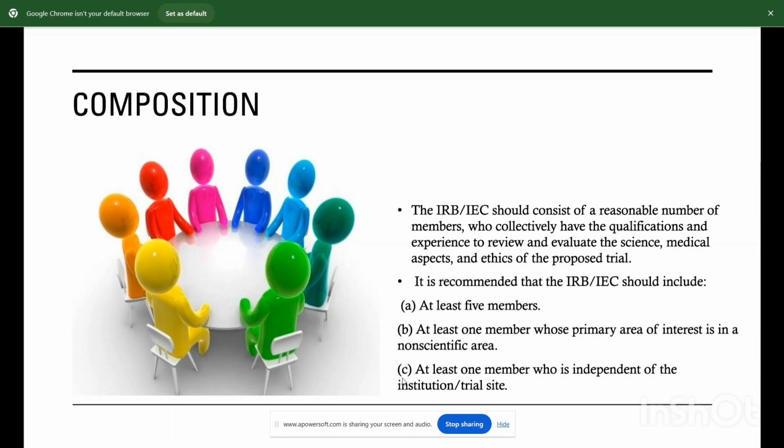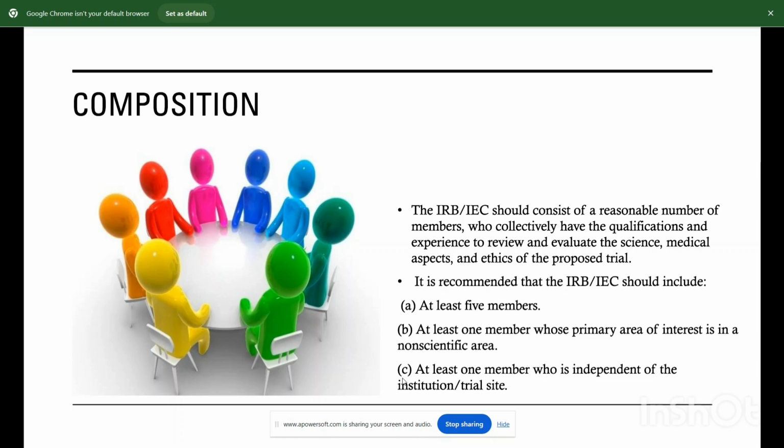Usually this ethics committee is associated with a hospital, the site where we are going to conduct this clinical trial. But some ECs are not associated with any hospital and can be independent. So institutional and independent ECs can both be present.